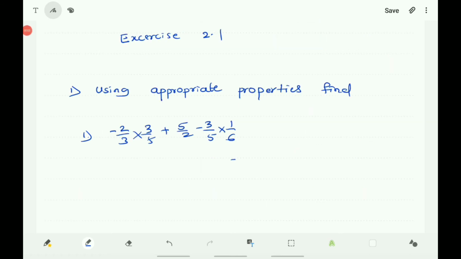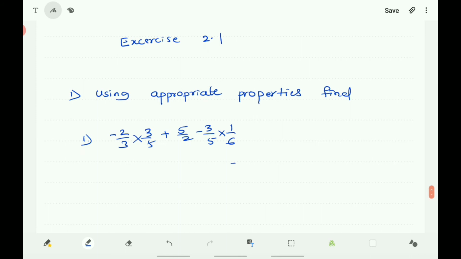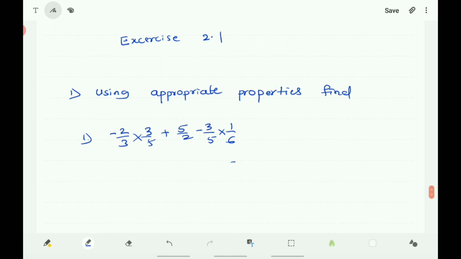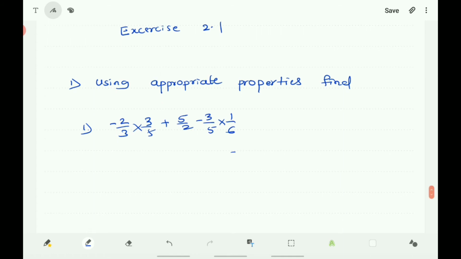Let us come to exercise 2.1. The first question is: using appropriate properties, find. The first one is minus 2 by 3 into 3 by 5 plus 5 by 2 minus 3 by 5 into 1 by 6. Observe each term here. This is a product of minus 2 by 3 and 3 by 5, and this is a product of minus 3 by 5 and 1 by 6.